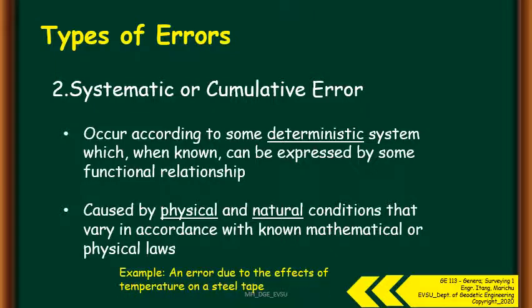So, example is error due to the effects of temperature on a steel tape. For example, masyadong mainit sa field. So, yung steel tape natin is nag-i-expand because steel lang yun. So, too much high temperature, it will cause the expansion of the tape.